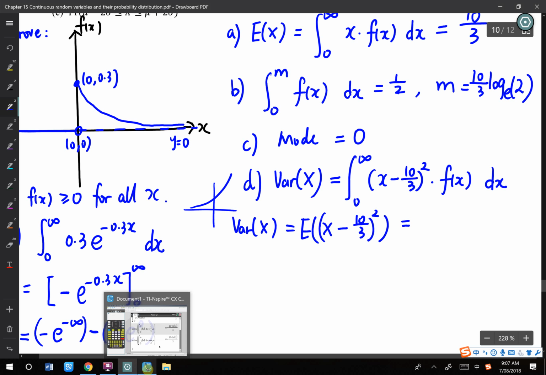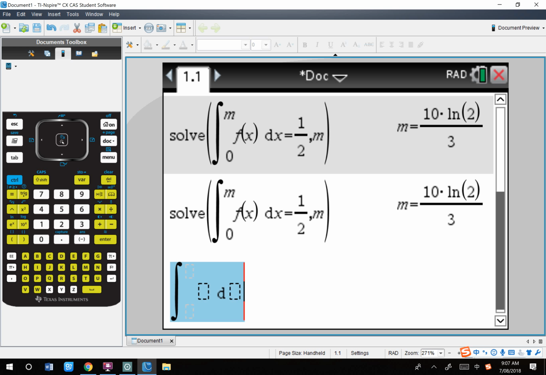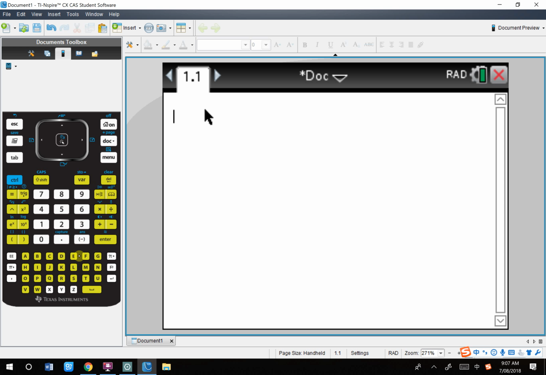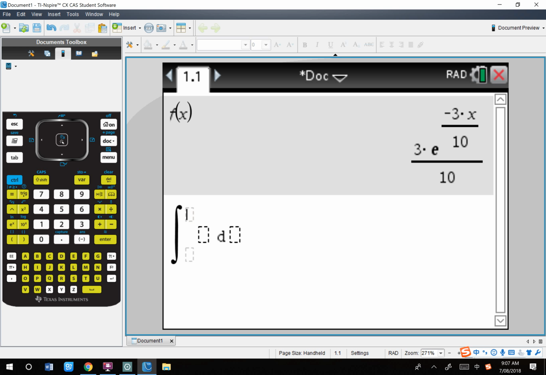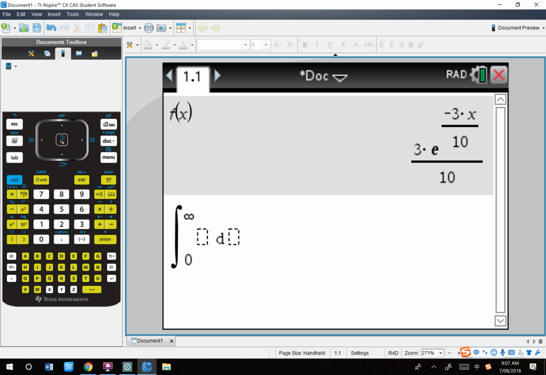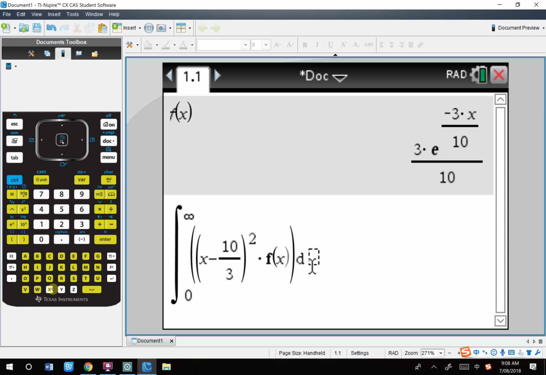So that equals the integral 0 to infinity, I will copy this down. Do I still have my fx? Yes, okay, I still have my fx. Integral 0 to infinity of bracket x minus 10/3 squared times fx dx.